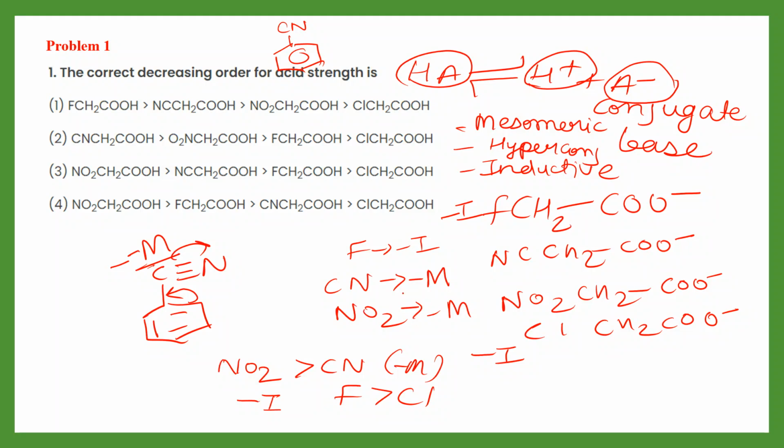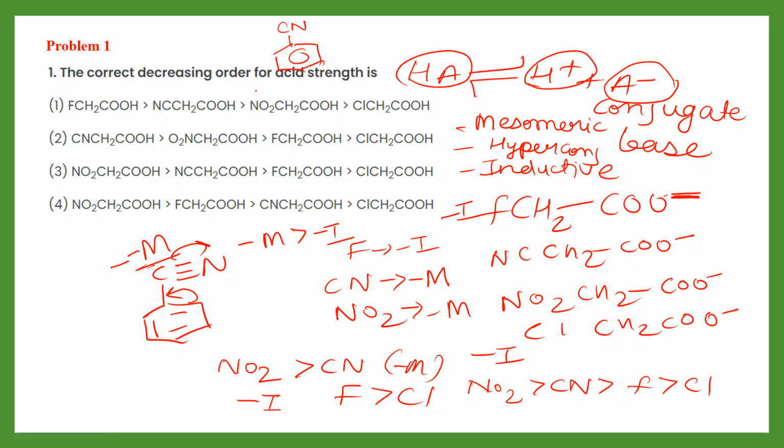In this carbanion there is an electron rich center, so to stabilize it we have to attach a group which can pull its electron density. Minus M has greater power than minus I. So the order is NO2 first, then nitrile, then fluorine, and at last chlorine.